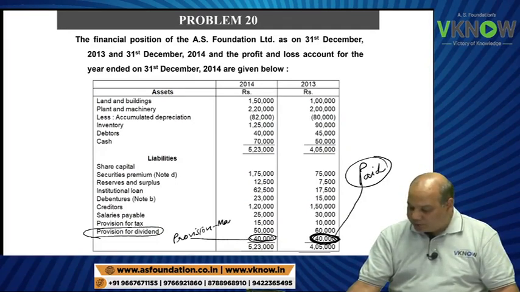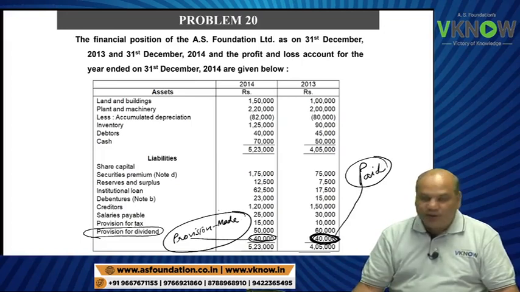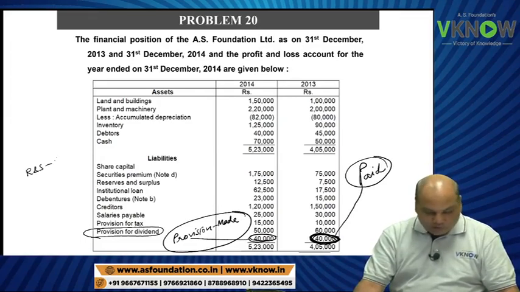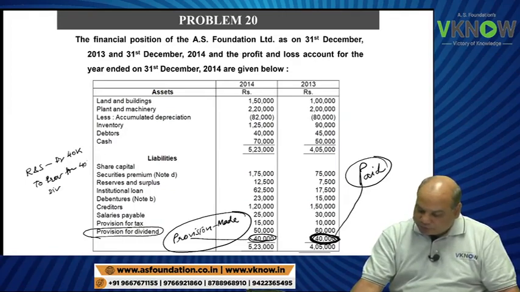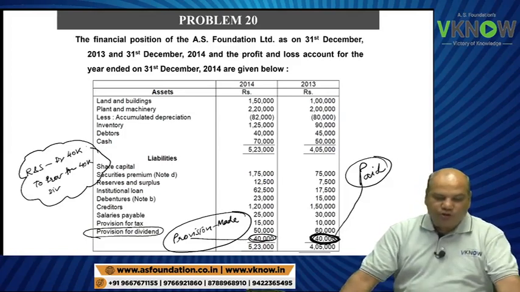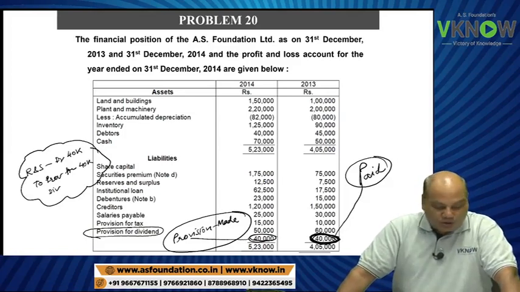has been made. The entry for current year provision made must be reserve and surplus account debit to provision for dividend.